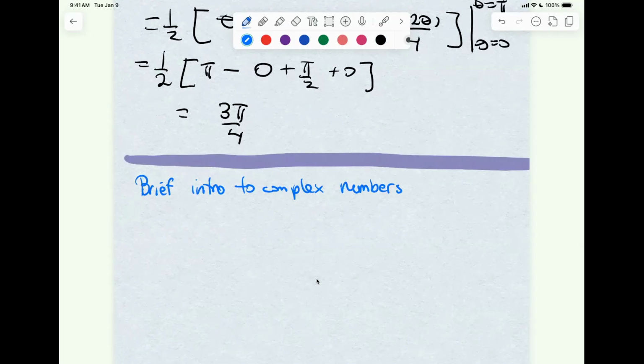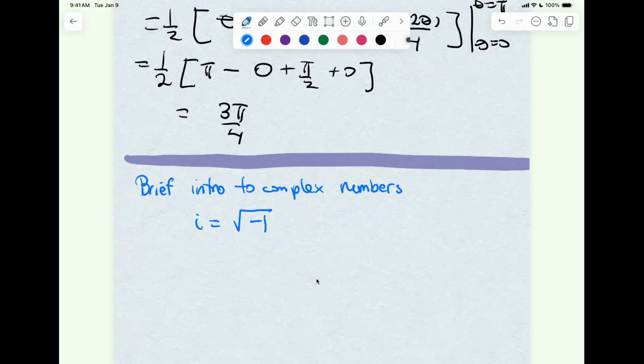I imagine many of you have had some experience with complex numbers before, though I will assume none. The main thing that makes complex numbers new is that you are allowed to take square roots of negative numbers. That's the entire shtick about complex numbers. This will be called an imaginary number, and I'll tell you more about that.